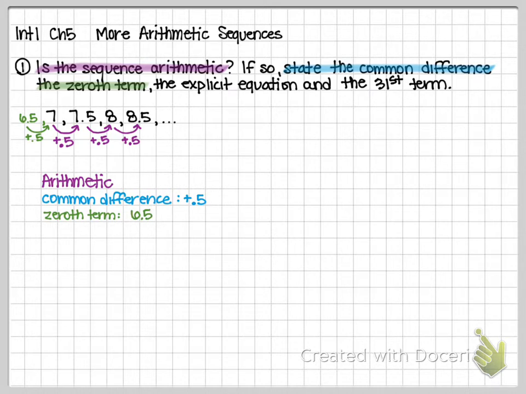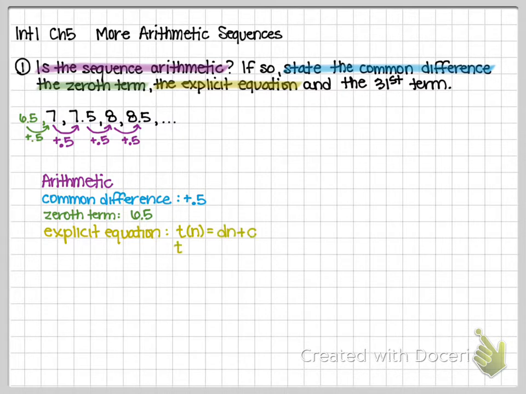Now the explicit equation. Keep in mind, you don't always get asked for all of these things. I'm just loading up our questions with a whole bunch of stuff at once. The explicit equation is the T of n equation that we did last class. It has the same basic form as y equals mx plus b, but we use T of n instead, and it is dn plus c.